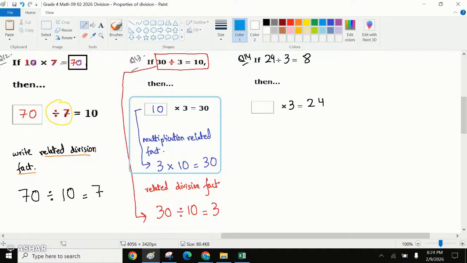So let's write both. We write the multiplication related facts, sorry, just a minute, please. I'll have to erase this.